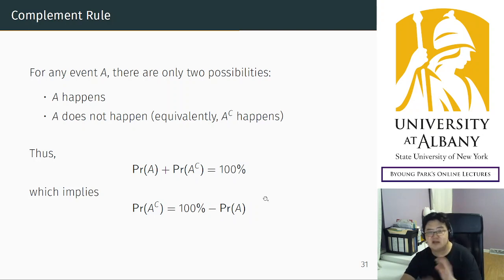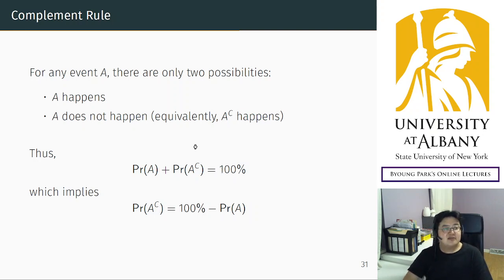So it tells you that if you know the probability of the original event, then the probability of the complement also follows automatically. Pretty simple. It's so intuitive. You don't need to memorize the name. It's so obvious.